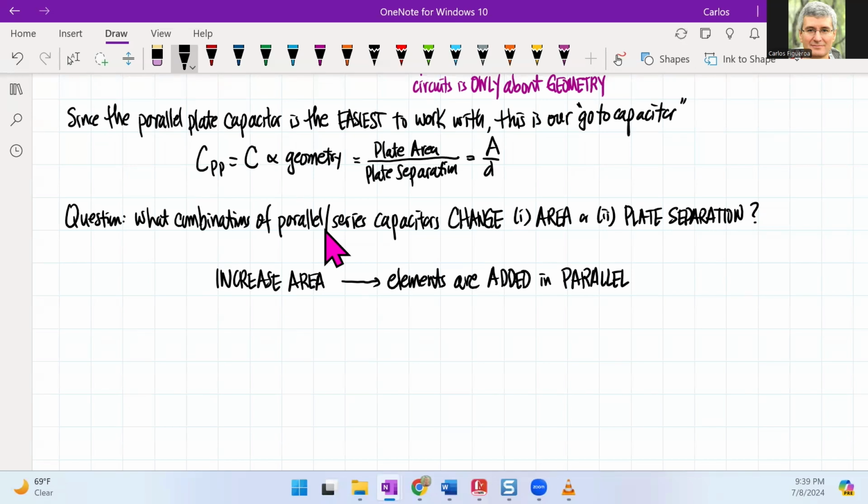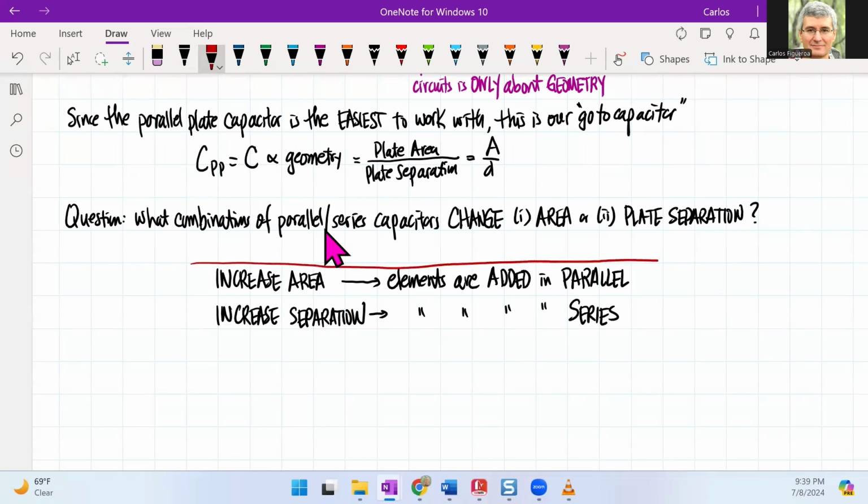The same thing happens if you increase plate separation. That means when you do that, elements are added in series. So now my job here is set. What do I want to do? I want to show you sketches that tell you specifically about this.